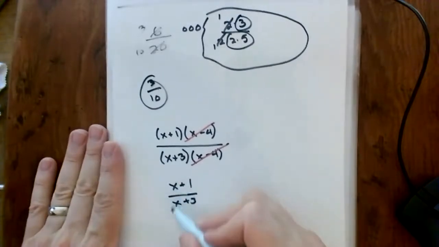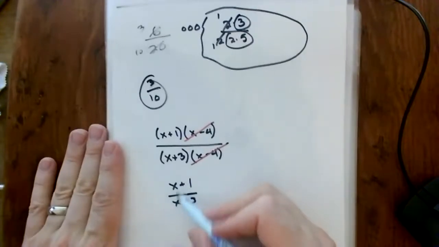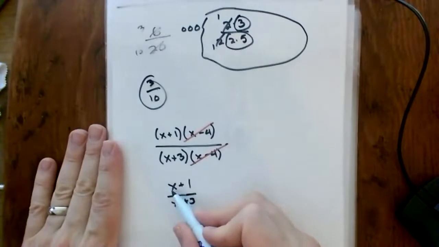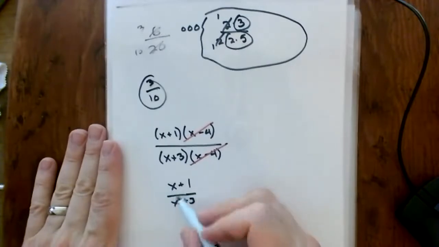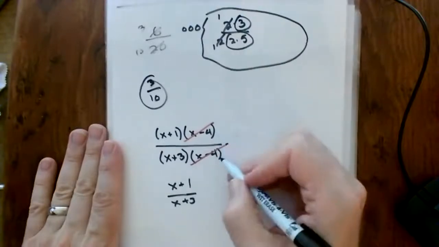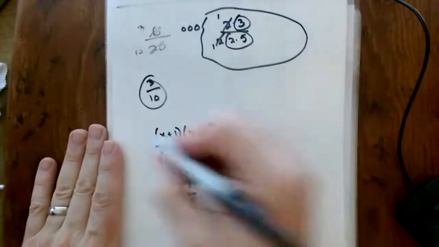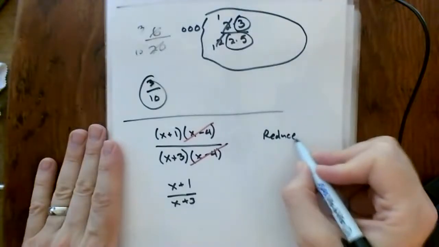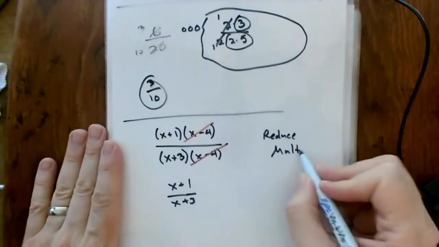I know that some folks will look at that and say, oh, I've got an x that's top and bottom. You cannot reduce an added or subtracted term. You're only allowed to reduce multiplied terms.